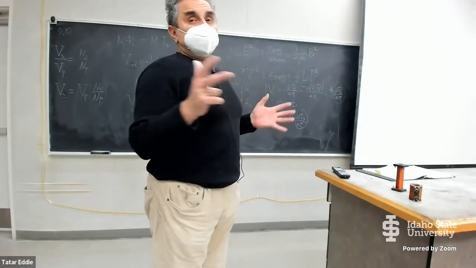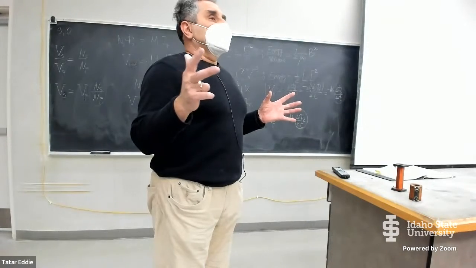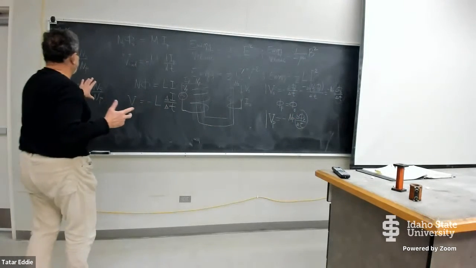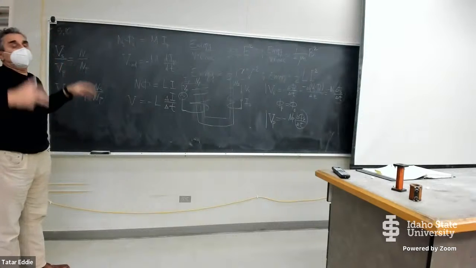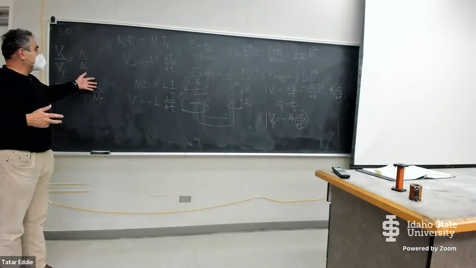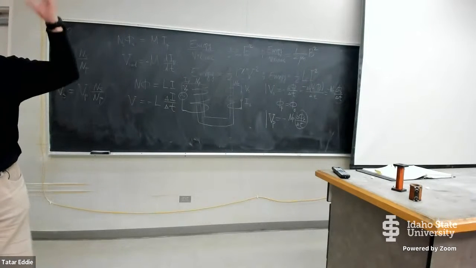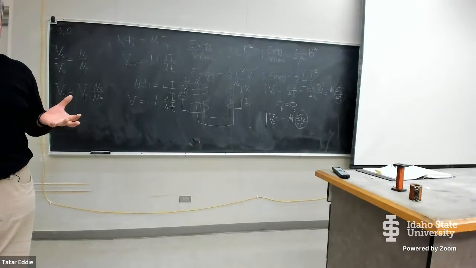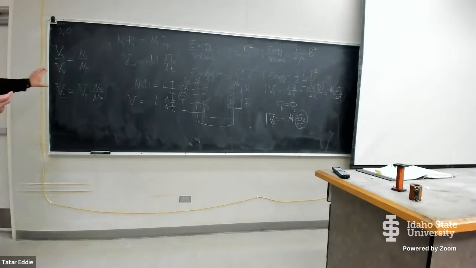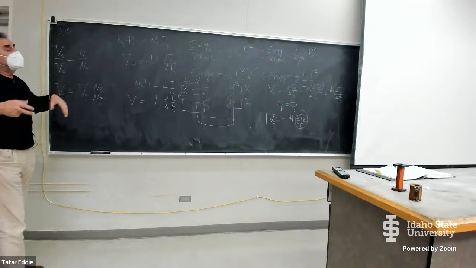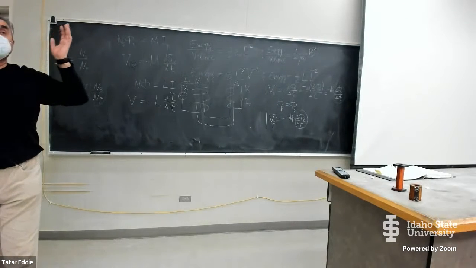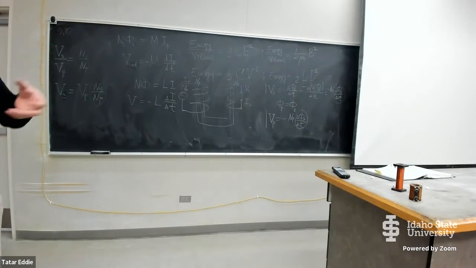Let's say that the ratio of turns here is 1,000. In other words, let's say that the secondary coil has 1,000 times more turns than the primary. If the primary voltage that you put in, let's say, is 120 volts, the secondary coil is going to have voltage 120,000 volts.